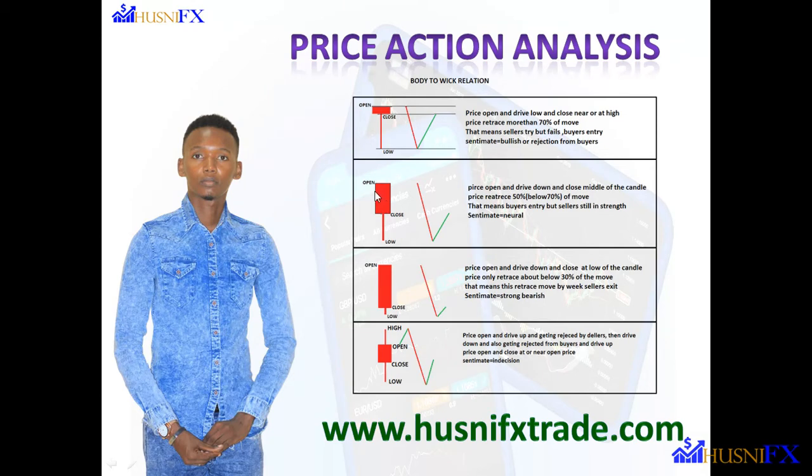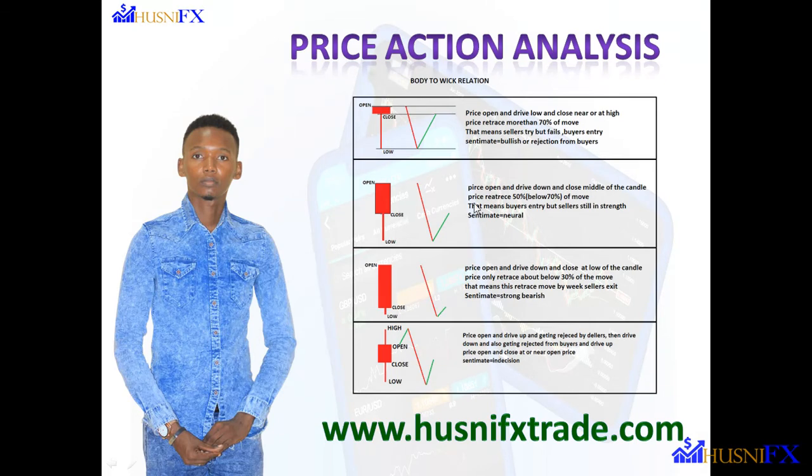So in this candle you can see how the price opens and closes in the middle of the candle, and you can see the low. What happens is the price opens, drives down and closes. You see the price open and drive down till the low and close at the middle of the candle.